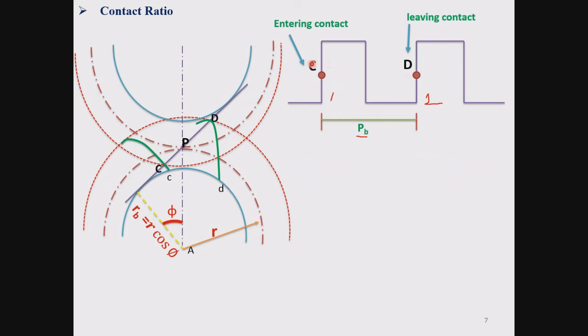While the adjacent pair is entering the contact, the previous pair of teeth is leaving the contact at point D, and with further rotation of the gears there will be only one pair of teeth in contact from C to D. Understood? By the time the tooth pair number 1 reaches D, the next gear teeth will be in action at point C. So this is how there is only one pair of teeth in contact when the distance CD is equal to the base pitch.